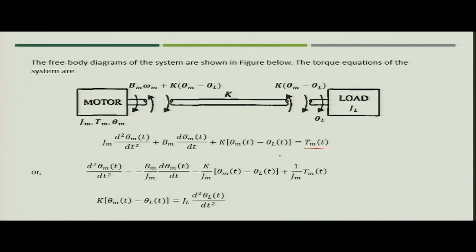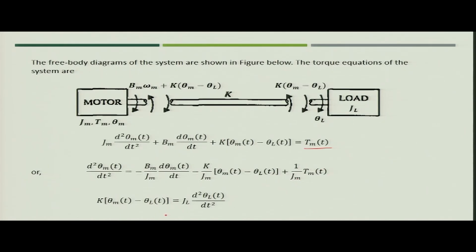Now, if you rearrange this equation by taking the highest order derivative on the left side, you can write d2 theta m by dt2 equals minus Bm by Jm d theta m by dt minus K by Jm times theta m minus theta L plus 1 by Jm Tm.